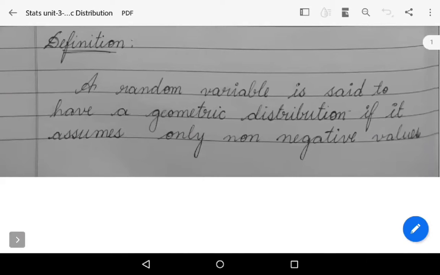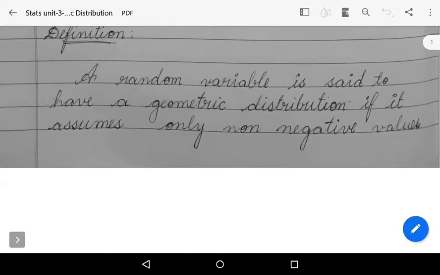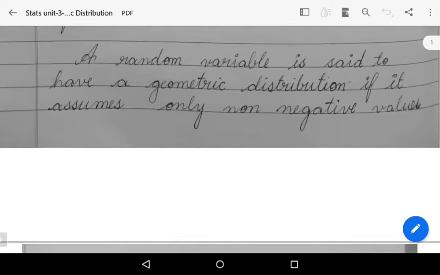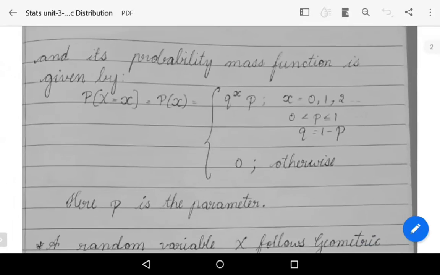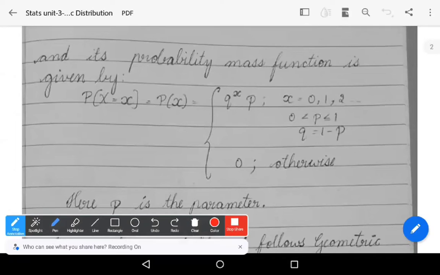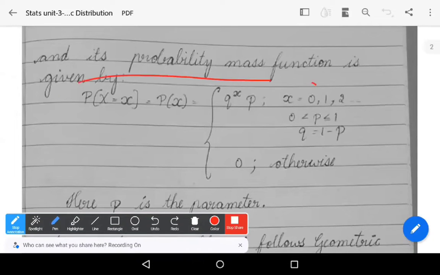A random variable capital X is said to have a geometric distribution if it assumes only non-negative values, and its probability mass function is defined in this way.